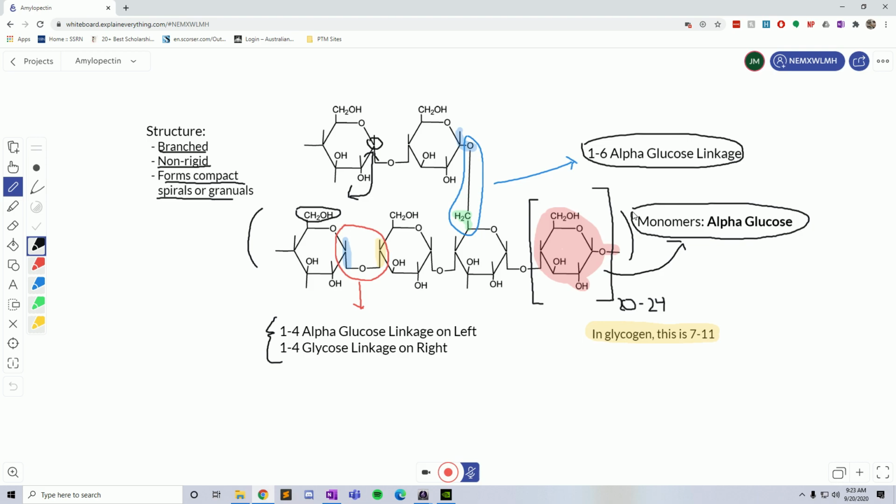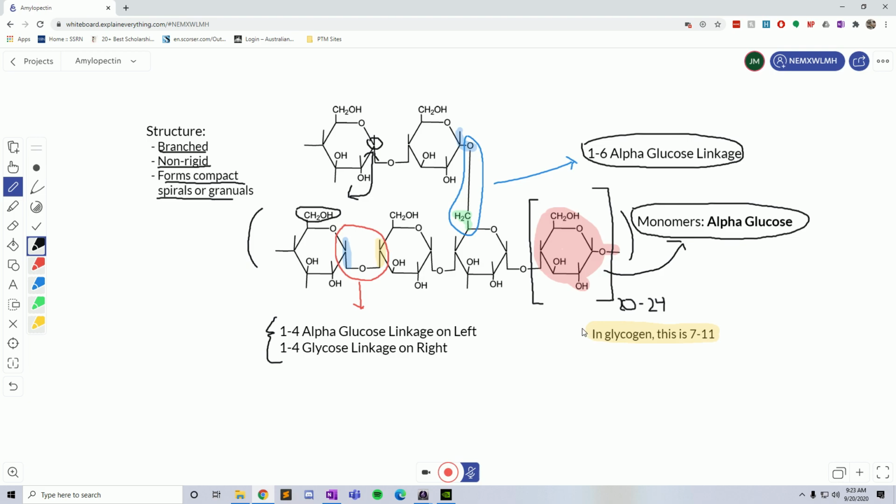Now, there's also another kind of molecule that comes up in the textbook, and it's glycogen. Now, glycogen is basically exactly the same as amylopectin, except it does not form starch, and also instead of 20 to 24 repeats of straight chain monomers, it only has 7 to 11 repeats.